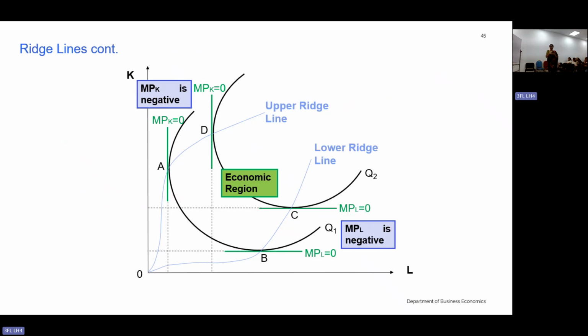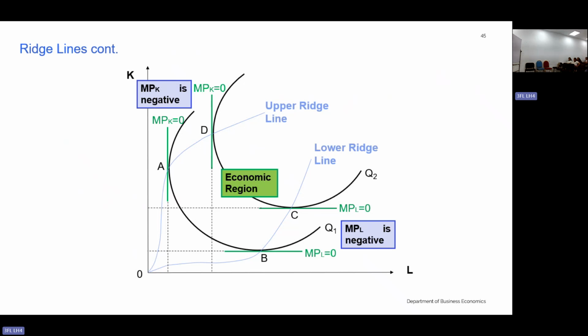That happens only in the downward sloping part, where a trade-off happens. That means we do a trade-off but keep the quantity constant. Keeping the quantity constant while trading off inputs means MPL and MPK yield positive additional production. So in this region, MPL and MPK both are positive.